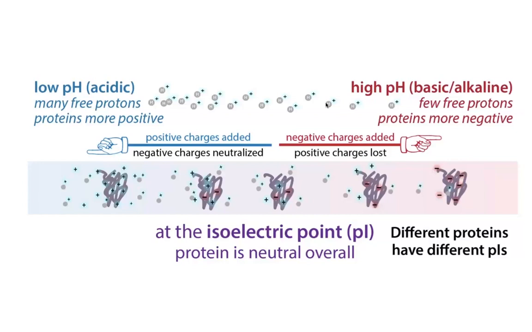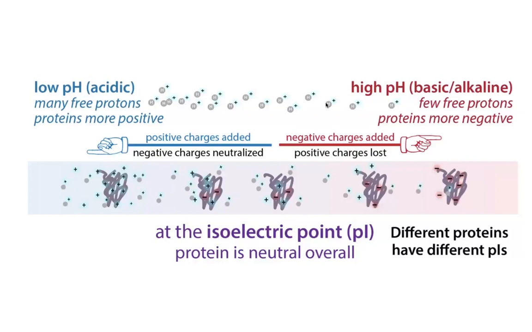And if it's protonated, it might be positive or it might be neutral. And if it's deprotonated, it might be neutral or it might be negative. When we're talking about the PI, we're talking about the isoelectric point, the point at which it is neutral. And so if it is neutral, and then you go up to a higher pH, this means that there's fewer protons around. So you're going to get a negative charge.